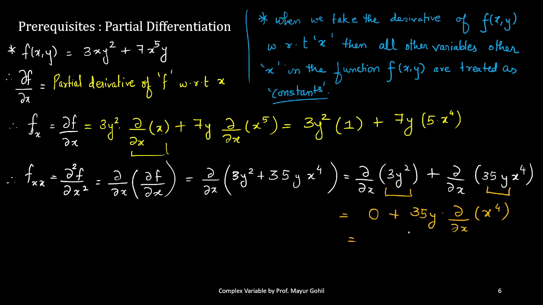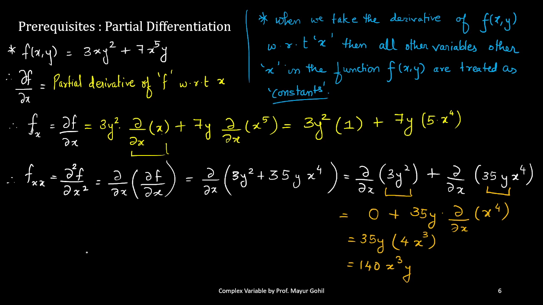This will give me 35y multiplied by 4 into x raised to 3. This is the derivative. So the final answer here will be 140, 35 times 4 is 140, x cube y. So this is the double partial derivative with respect to x. So this is how we calculate the derivative.